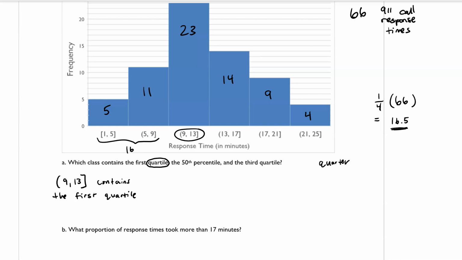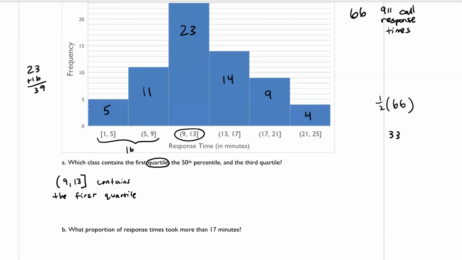Okay, the 50th percentile is like the median, basically. It separates the lower half from the upper half. So we have 66 people, and if we took half of that, half of 66 is 33. So basically we want to find the interval that separates the lower half of the cases from the upper half. And we said that the interval from 9 to 13, I erased it, but we have 23 plus 16 is 39.